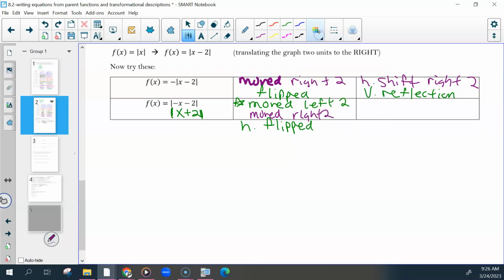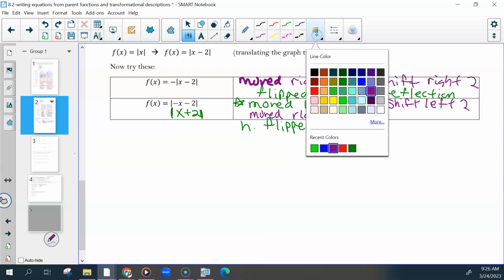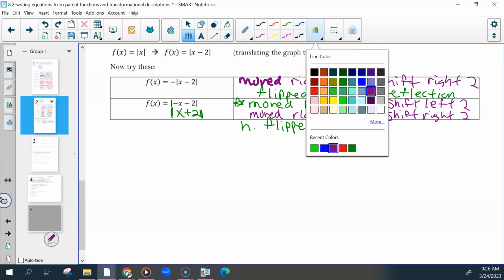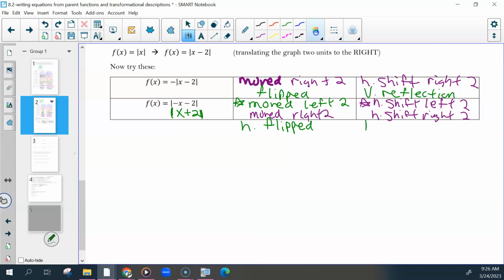So then the look like rule was the horizontal shift. But the actual was that it moved to the right 2 and was horizontal.